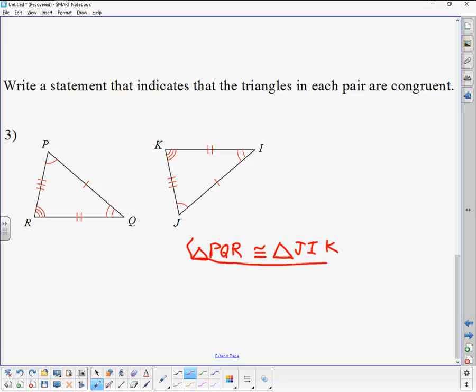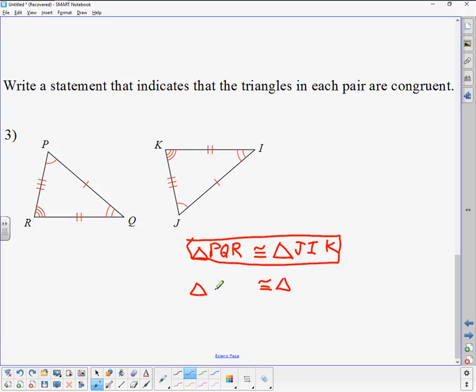Triangle PQR is congruent to triangle JIK. Okay, that's what they ask you. Write the congruency statement, and that's what I did. Triangle PQR, JIK. Now it doesn't matter, your classmate or your neighbor can have a different order, but P has to correspond to J, and Q has to correspond to I, and R has to correspond to K. So what I mean is, for example, your neighbor or your classmate could have a different order, but they're the same.